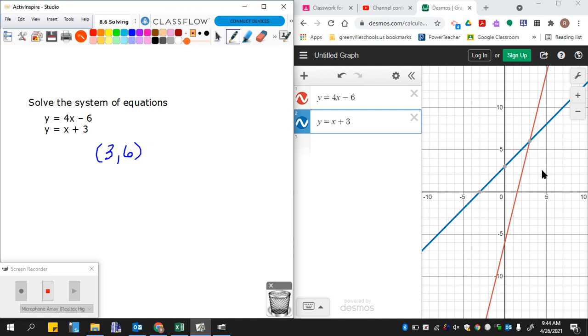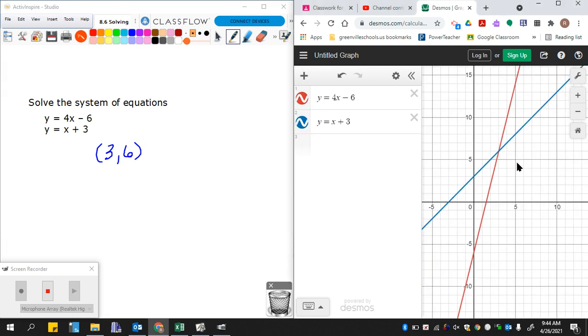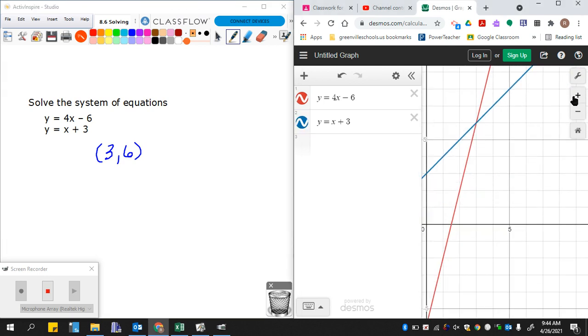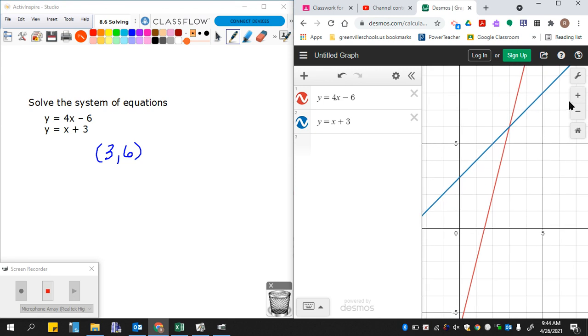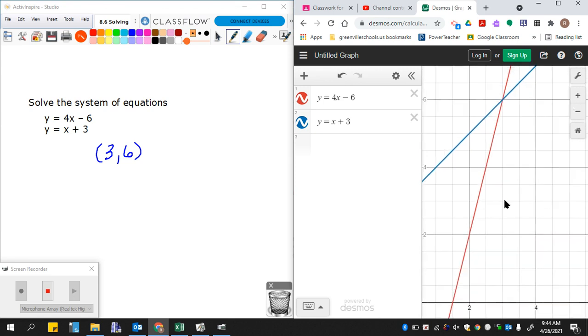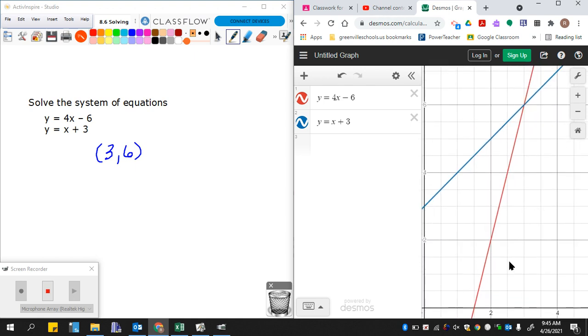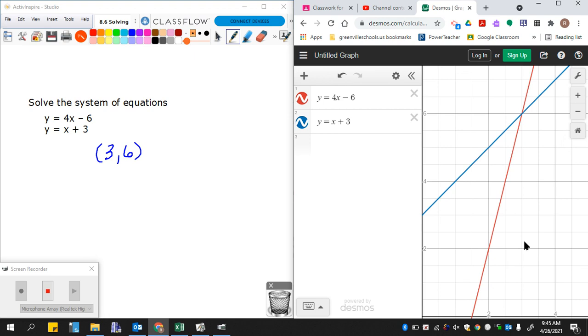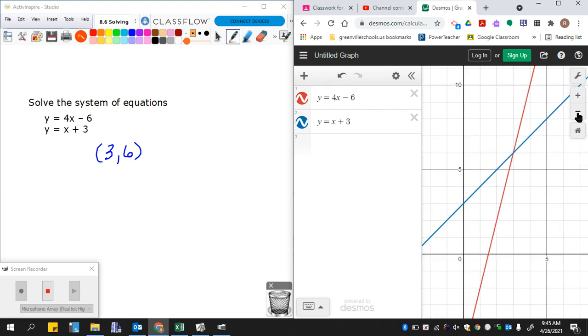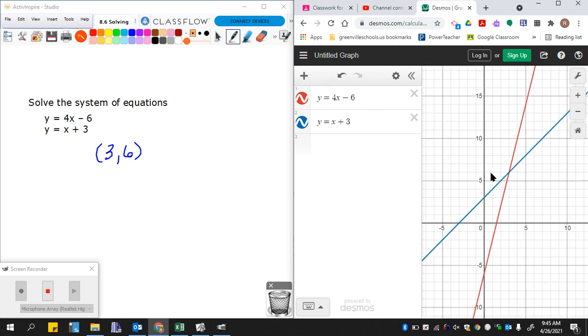You can zoom in, but it's a little bit difficult to do that because of only having it on half of the screen. The easiest way is to just hover your pointer over that, and it'll tell you what the solution is.